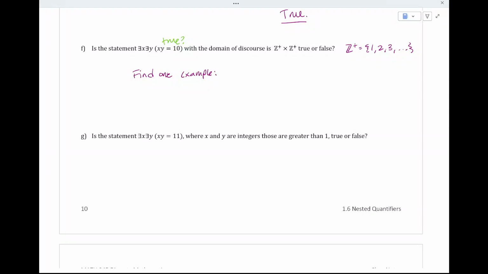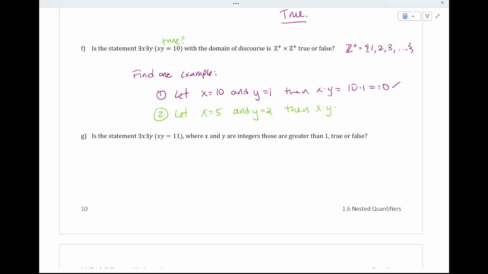I'm going to find two just because I'm an overachiever. So here's example 1. Let x be 10 and y be 1. Then x times y is 10 times 1, which is 10. So that works. Here's another example. I think this is the only other one. Let x be 5 and y be 2.